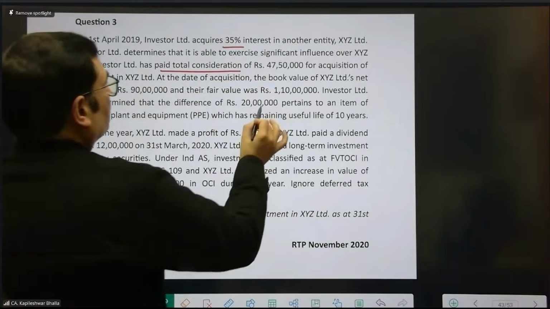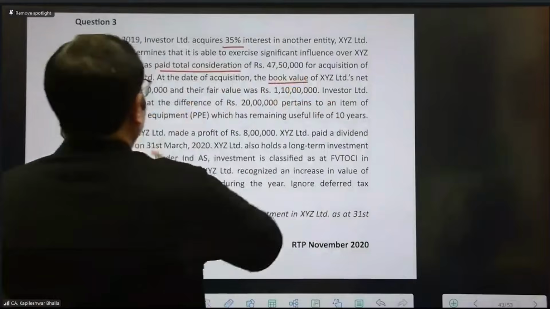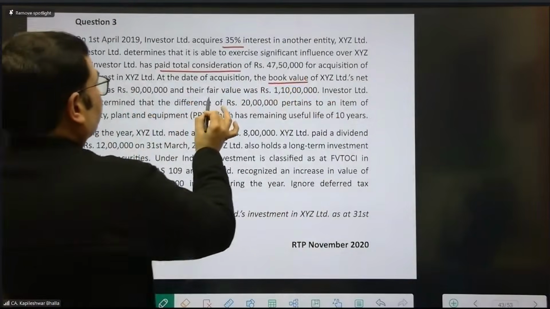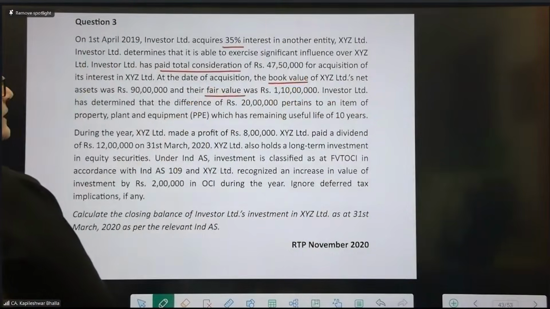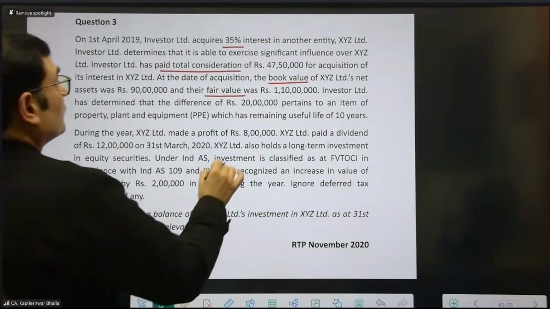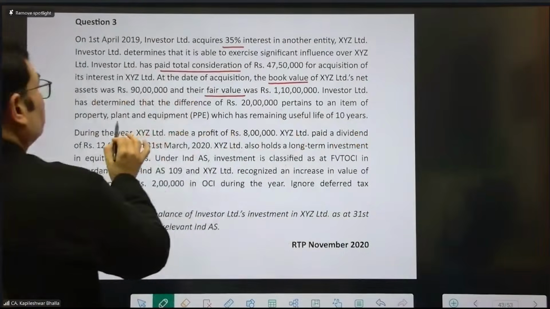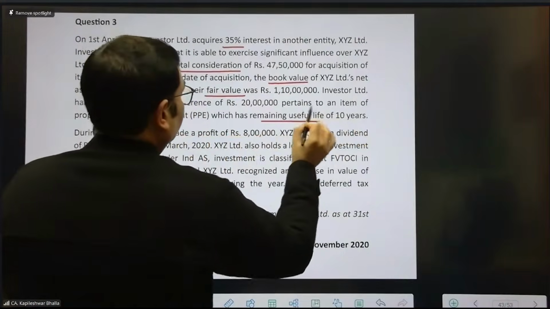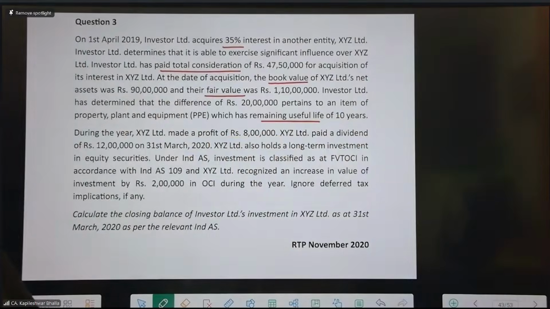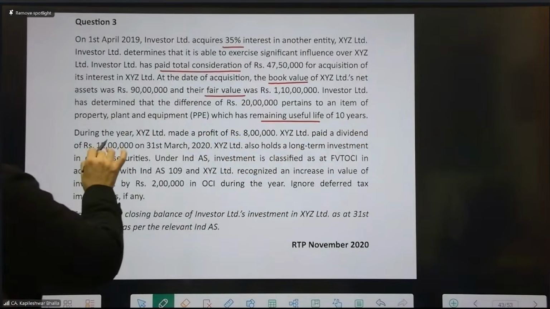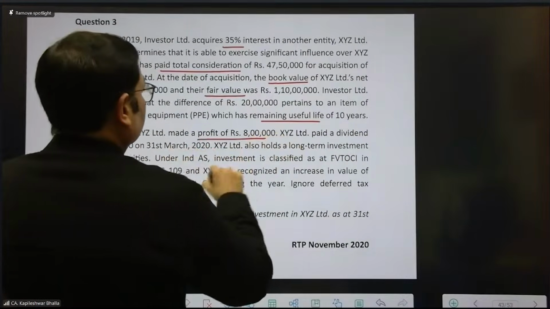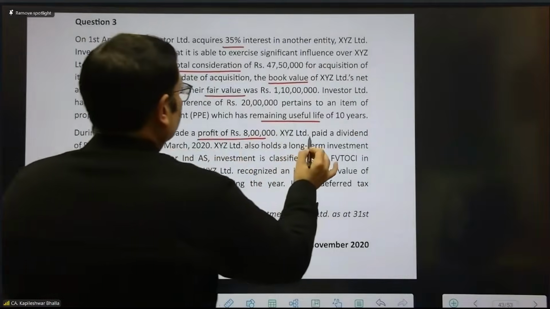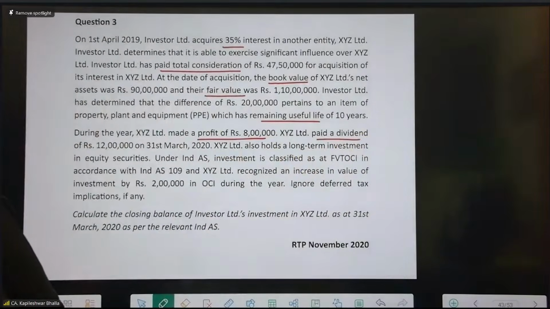At the date of acquisition, the book value of the net assets is 90 lakhs and the fair value is 110 lakhs. The difference of 20 lakhs pertains to an item of PPE which has a remaining life of 10 years, resulting in additional depreciation. Then it says during the year it made a profit of 8 lakhs. Then it paid a dividend of 12 lakh.